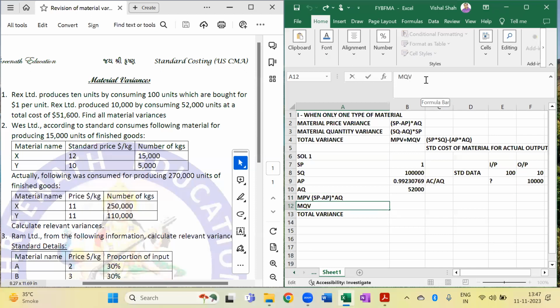MQV's formula is SQ minus AQ into SP. And you can write any which one formulas and you will get the same answer.